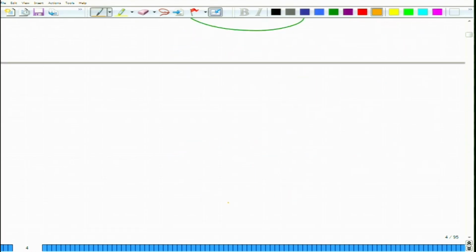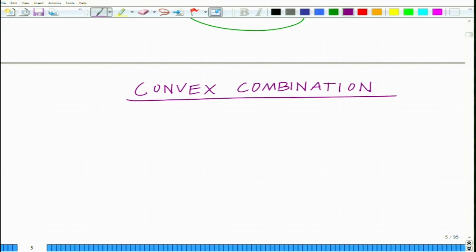Okay. Let us come to the notion of a convex combination. Another very useful notion is that of a convex combination. And a convex combination is as follows. Remember we said theta times x1 bar plus 1 minus theta times x2 bar.